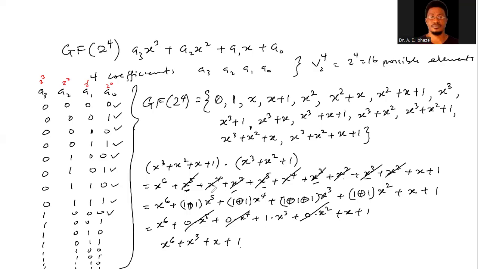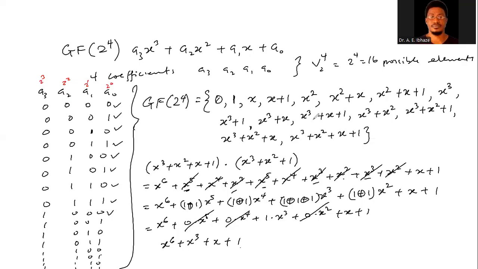Now let us look up our polynomials. Now x cubed plus x squared plus x plus 1 is an element here. x cubed plus x squared plus 1 is an element here, but x to the 6 plus x cubed plus x plus 1 is not an element here. So it means there's a problem, right? Do you see where the problem begins?